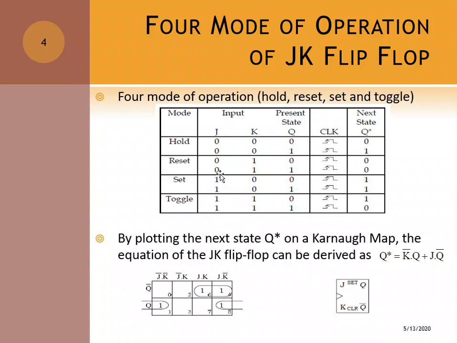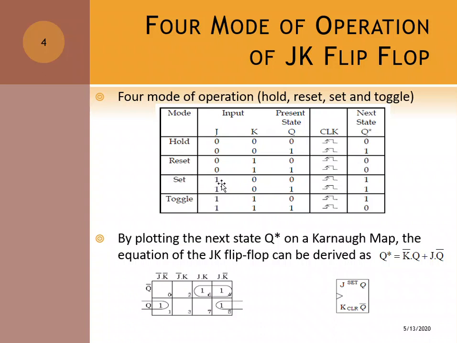If J equal to 0, K equal to 1, present state is 1, next state will be 0, with condition clock is activated. Okay, maksudnya dia adalah mode reset. So, kalau nilai sebelum tu dah memang sedia asal kosong, memang kosong lah. Okay, kalau nilai sebelum tu 1, dia akan jadikan dia 0. Reset.